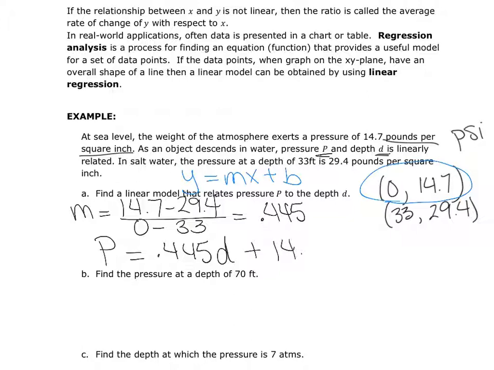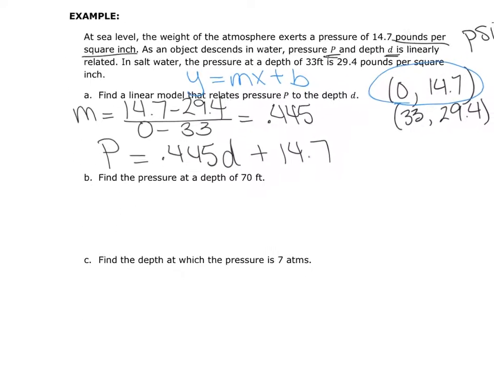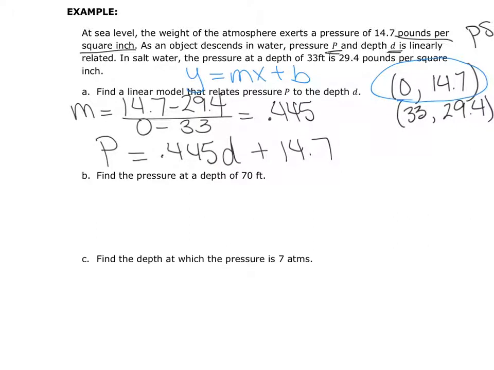So I have 14.7. Now, the second part of this question is asking me to find the pressure at 70 feet. So at 70 feet, I have P is equal to 0.445 times the 70 plus the 14.7.